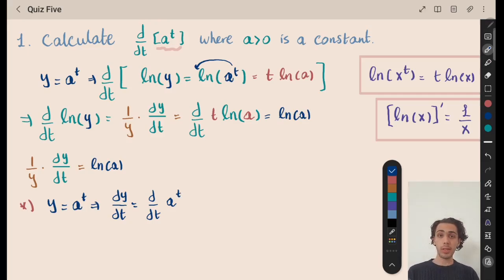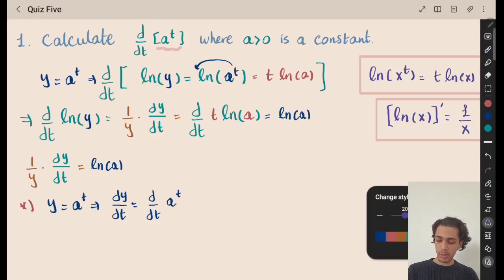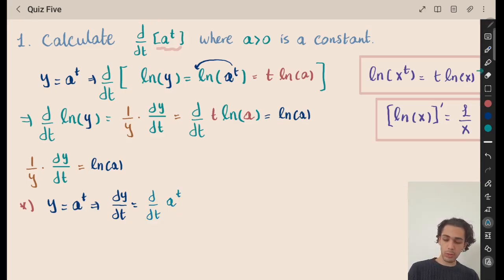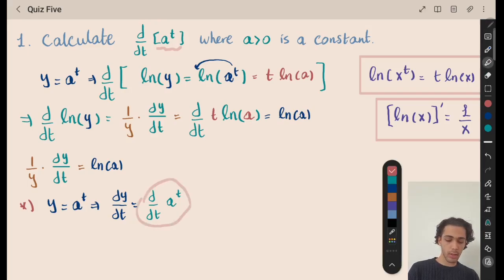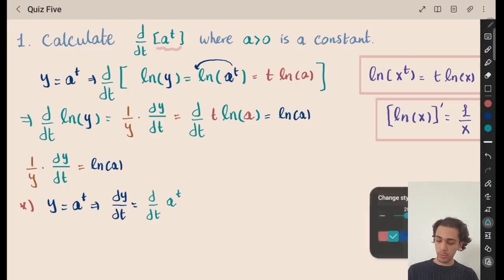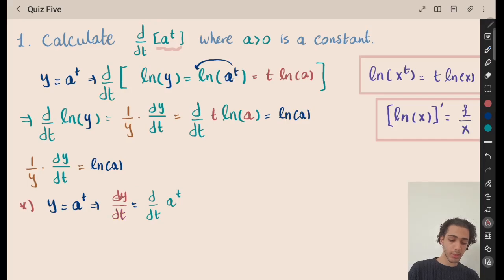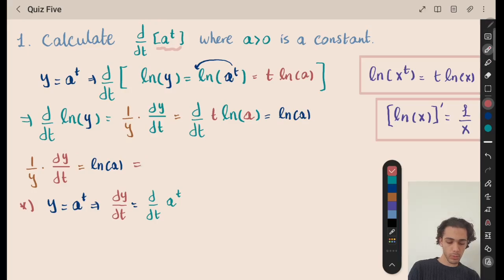That should make perfect sense. But then the trick here is to notice that this is what we want to find, and this is equivalent to it, and we have it in an equation. So we can solve for this dy by dt to obtain our solution. So dy by dt, I will just multiply by y as long as y is not equal to 0.